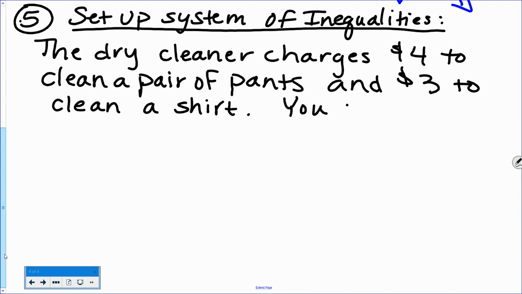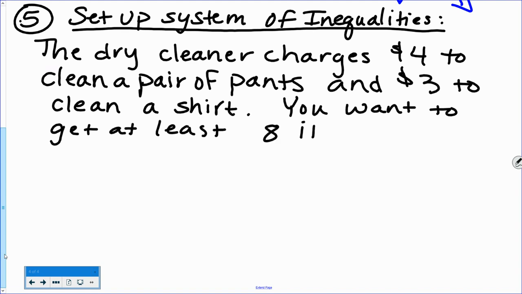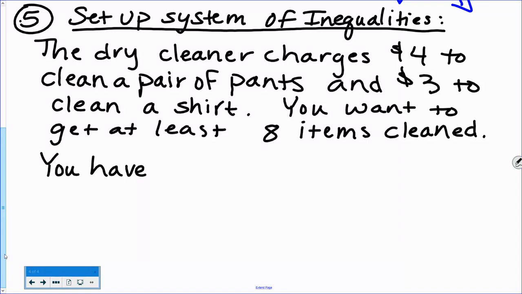You want to get at least 8 items cleaned. You have $30 to spend.